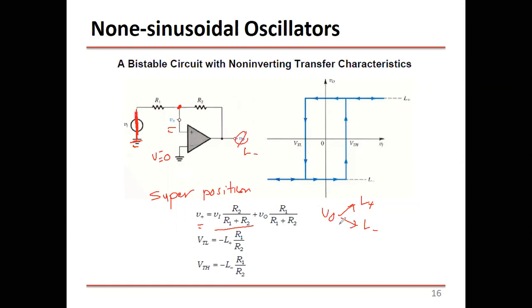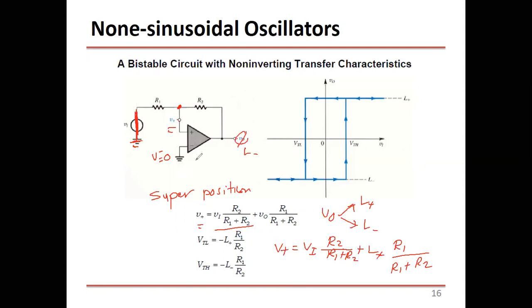So let's assume we are in L plus. So V out is L plus. So V plus equals V input times R2 over R1 plus R2, plus L plus times R1 divided by R1 plus R2, right?